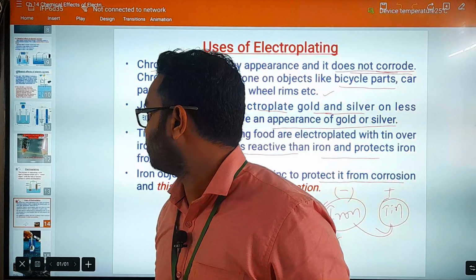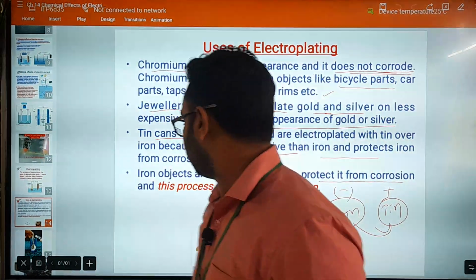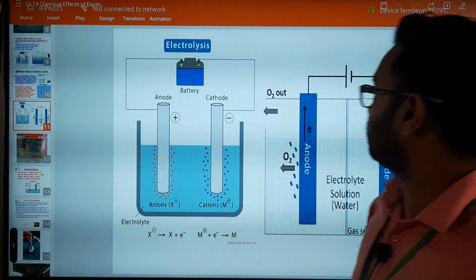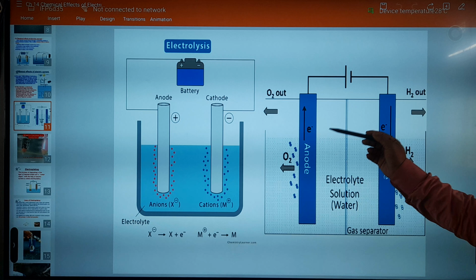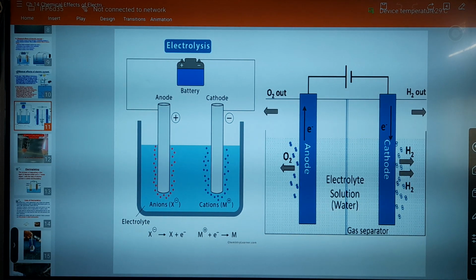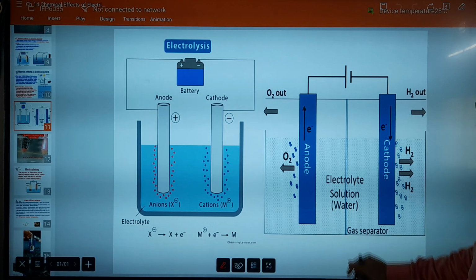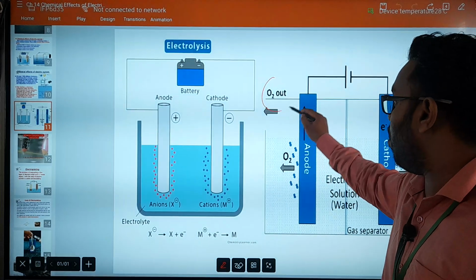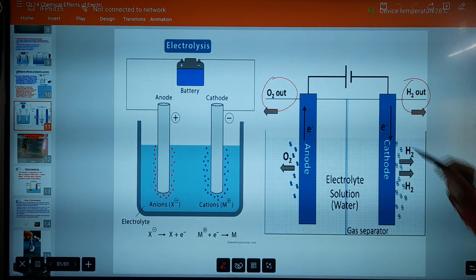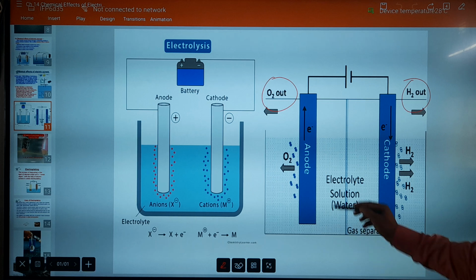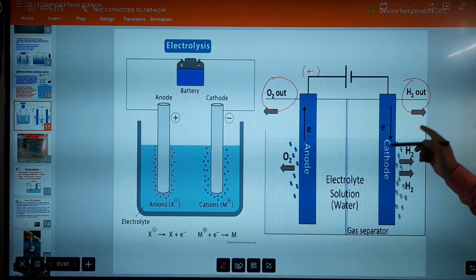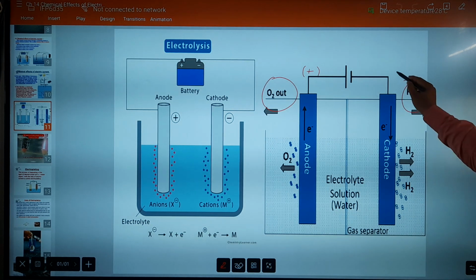So electrolysis. You see about electrolysis, and here in electrolysis, on one side oxygen will come out and on one side hydrogen will come out. This oxygen will come from the positive side and hydrogen from the negative side.